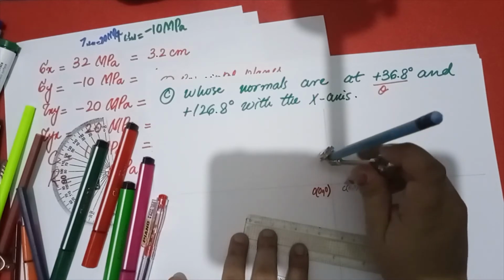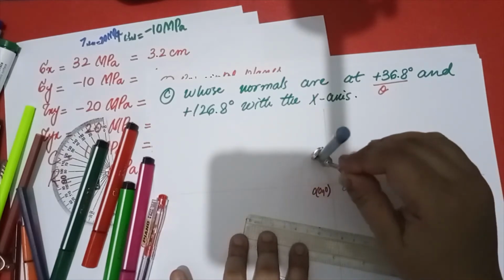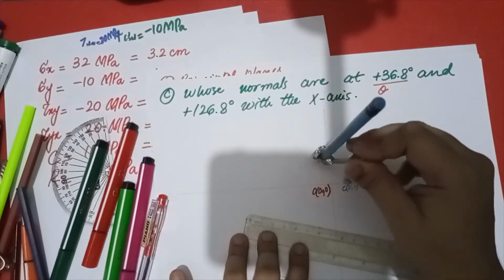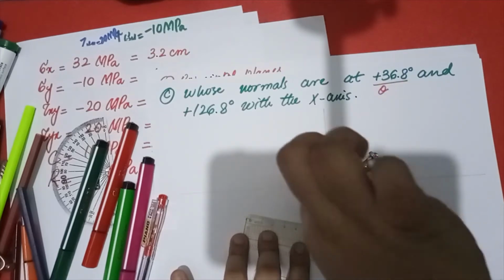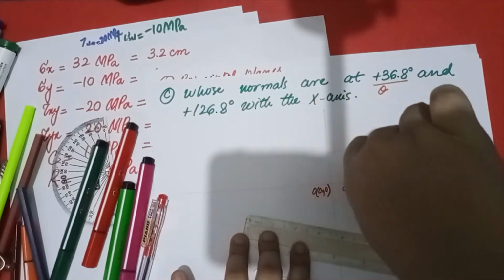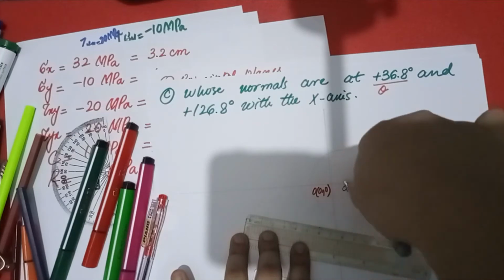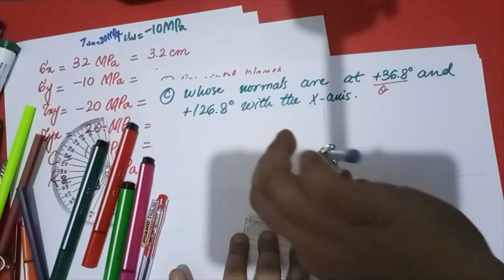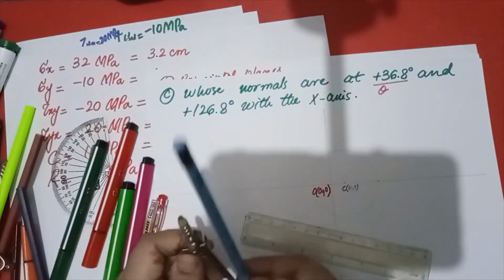So I will put the compass at point C, and then I have to draw the circle. So this is like that. Now it's nice.